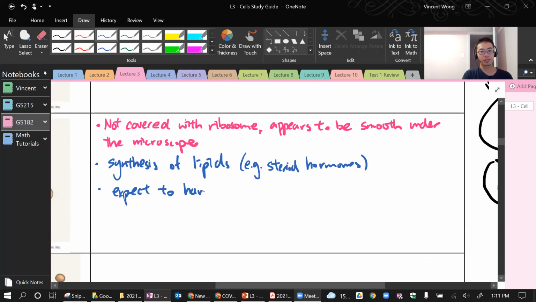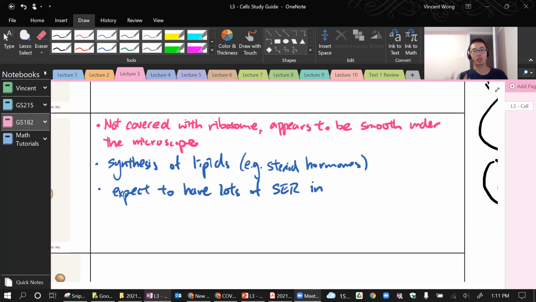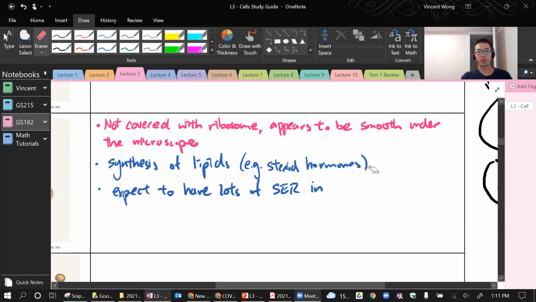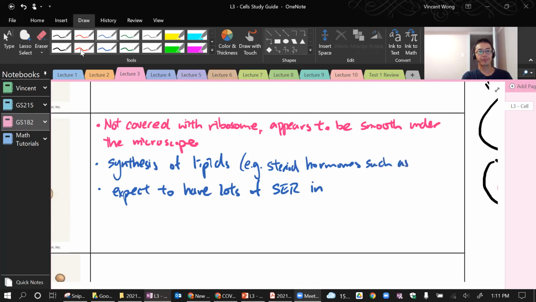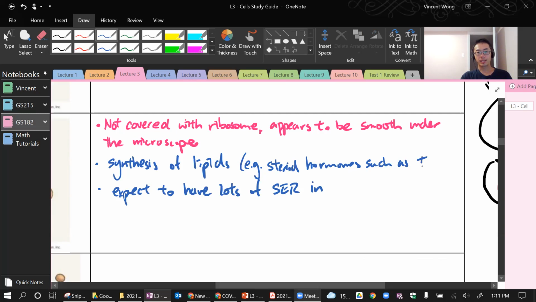lots of smooth ER in what kind of cells? What kind of cells in the body would you expect to have a lot of smooth ER if they're responsible for making steroid hormones such as testosterone, I said, right?